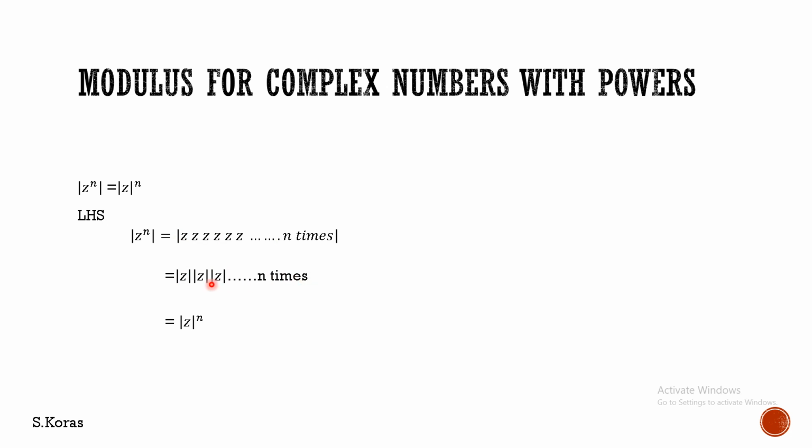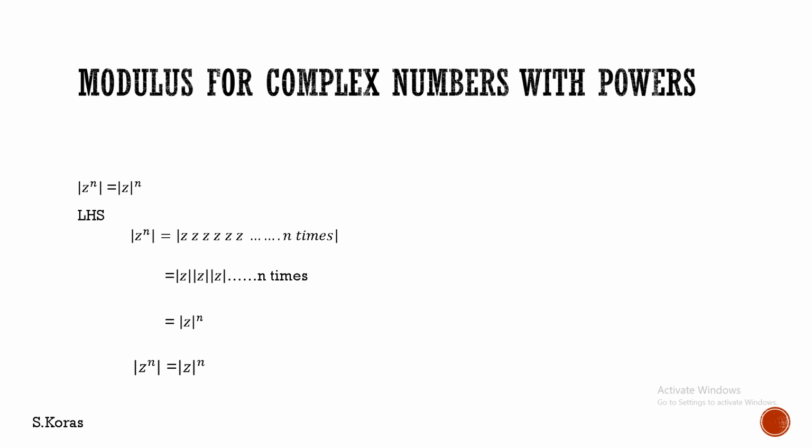If you multiply modulus of Z into modulus of Z, that is modulus of Z square. If you multiply these three, you will get modulus of Z cube. The same way, if you multiply up to n times, your answer will be modulus of Z the whole power n. So we have proved modulus of Z power n is equal to modulus of Z the whole power n.